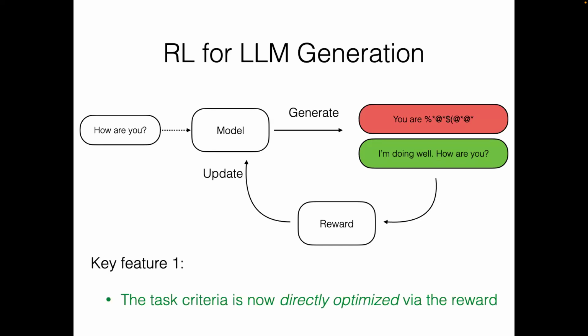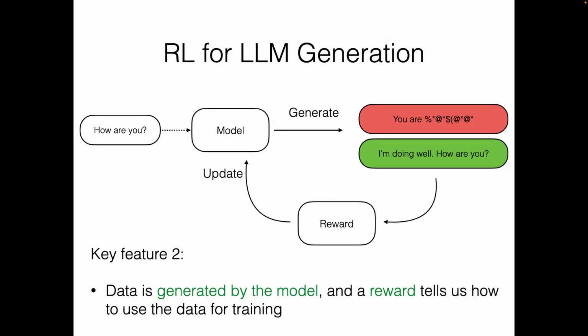And so the key differences with the supervised learning methods that we've been talking about in the course. We talked about this last time, but just to recap. First, now we can basically directly optimize what we care about in a task, as long as we have a really good reward function that measures that property that we're optimizing.